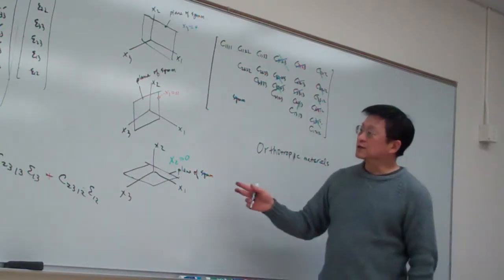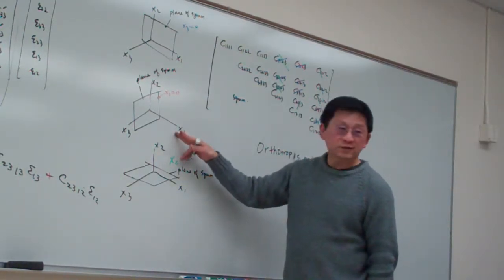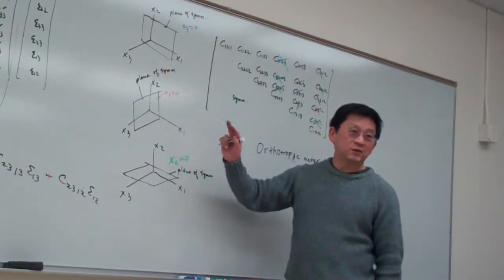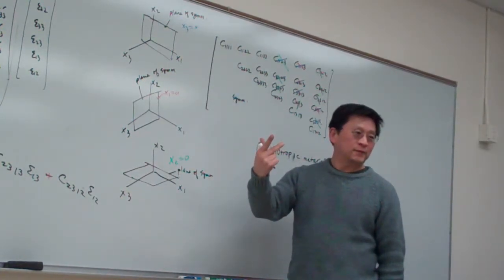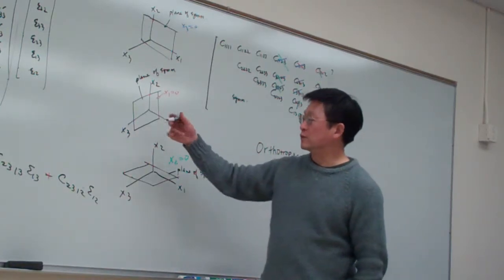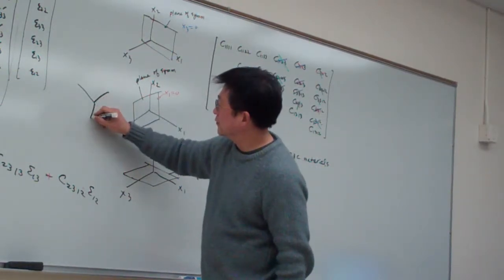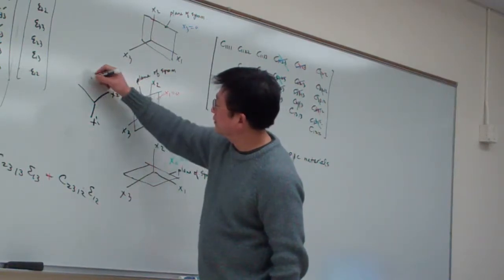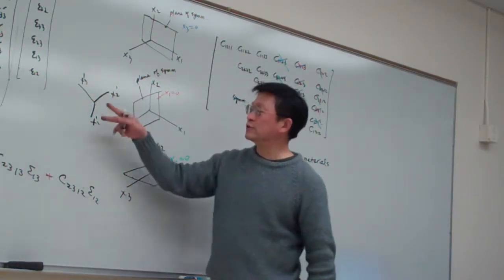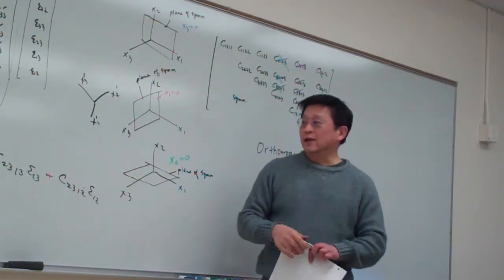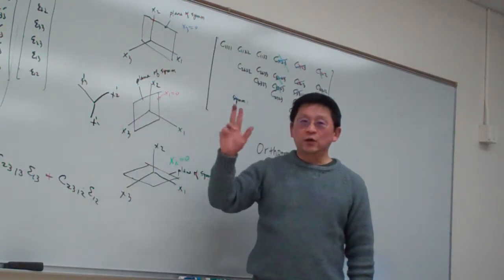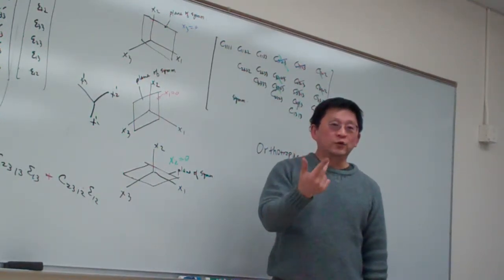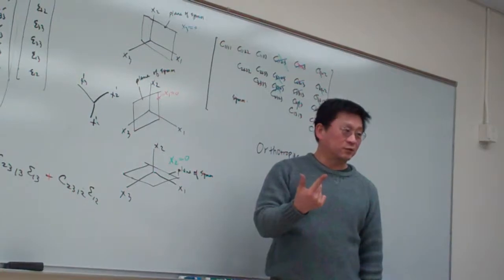And for this case, that depends on the coordinate system we choose. For example, if you choose a different coordinate system, like this, for example, x1 prime, x2 prime, x3 prime, then again, in such a coordinate system, there also exist three mutually orthogonal planes of symmetry.